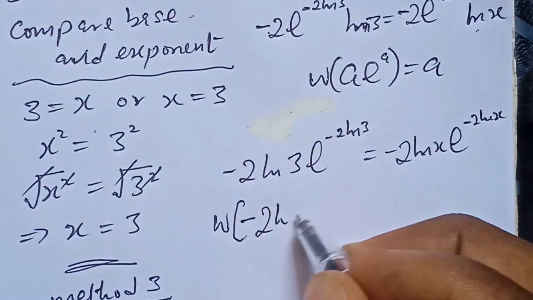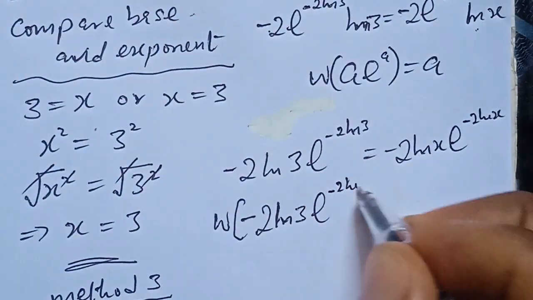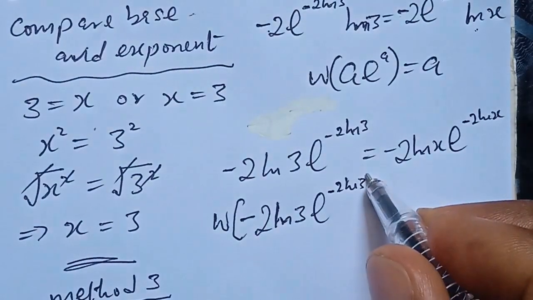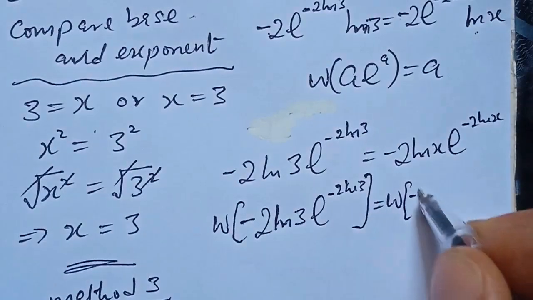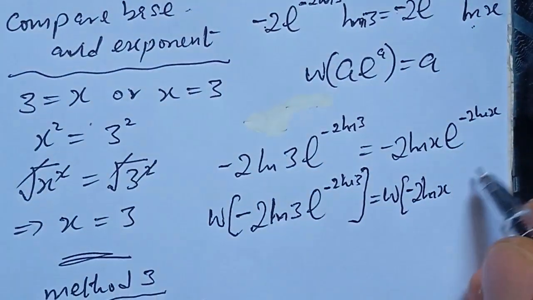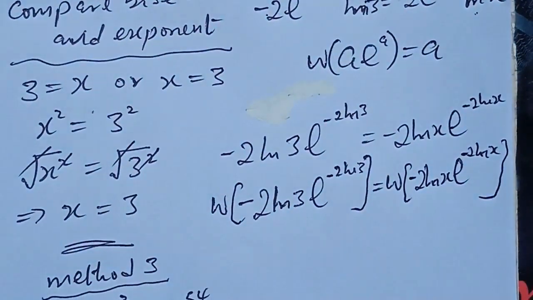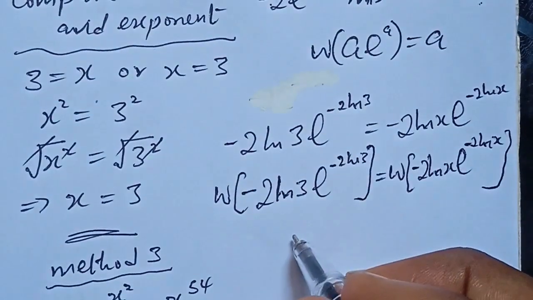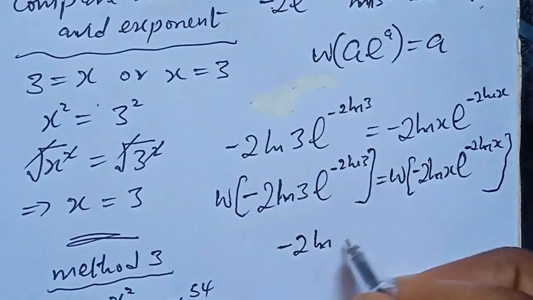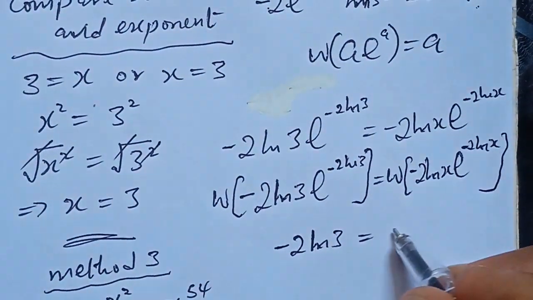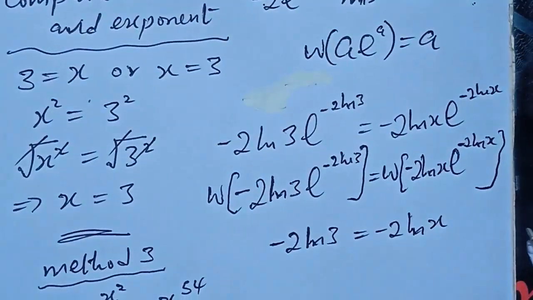minus 2 natural log of 3 to the power of minus 2 natural log of 3, close the bracket. Then Lambert W function of minus 2 natural log of x e to the power of minus 2 natural log of x. So we close the bracket. Then that becomes minus 2 natural log of 3 for the left hand side, and the right hand side becomes minus 2 natural log of x.